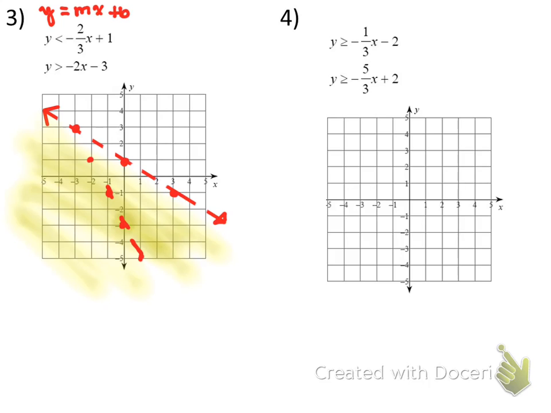I'm doing this by freehand because okay, you have a dotted line here, and this one it says it is greater than, so you shade above, which is actually up. It's going to be this whole side.